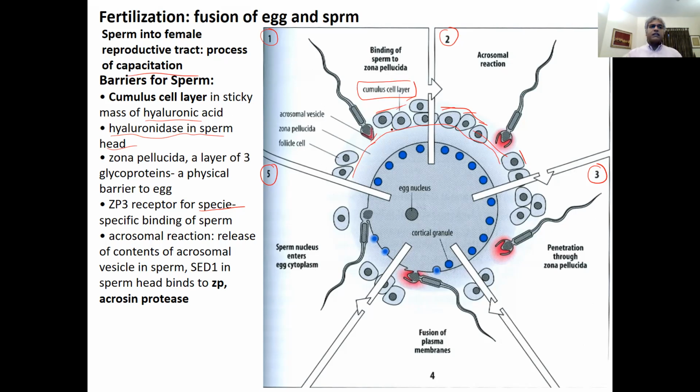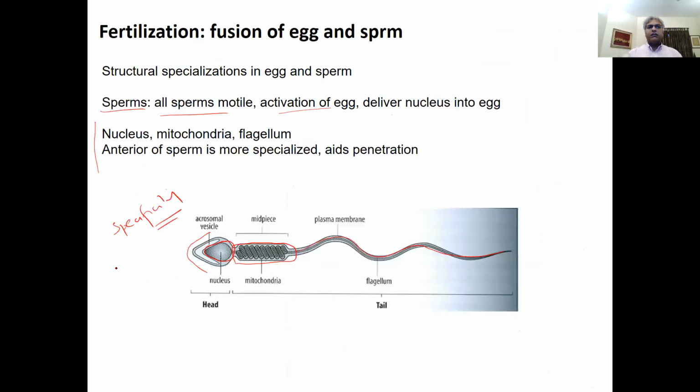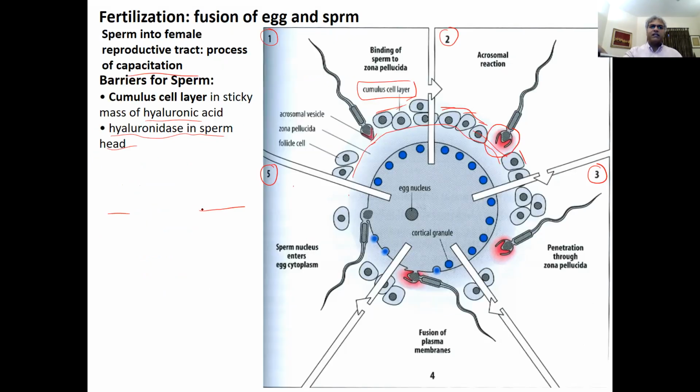Now, there is the ZP3, zona pellucida 3 receptor, and with the help of that receptor, this reaction takes place when sperm arrives at the zona pellucida. So inside the sperm, the contents of the acrosomal vesicle, I told you it's a very specialized structure which provides the species specificity.